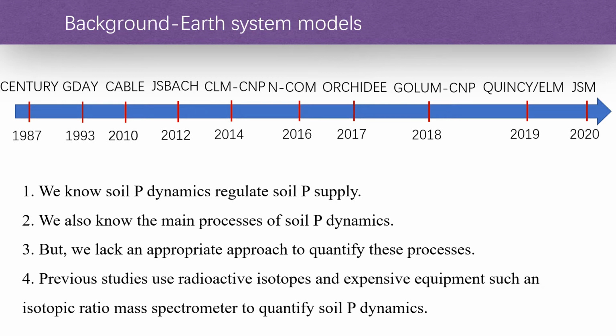Currently, we know that soil phosphorus dynamics regulate soil phosphorus supply. We also know the main processes of soil phosphorus dynamics, but we lack an appropriate way to quantify these processes. Previous studies used radioactive isotopes and expensive equipment such as an isotope ratio mass spectrometer to quantify soil phosphorus dynamics.